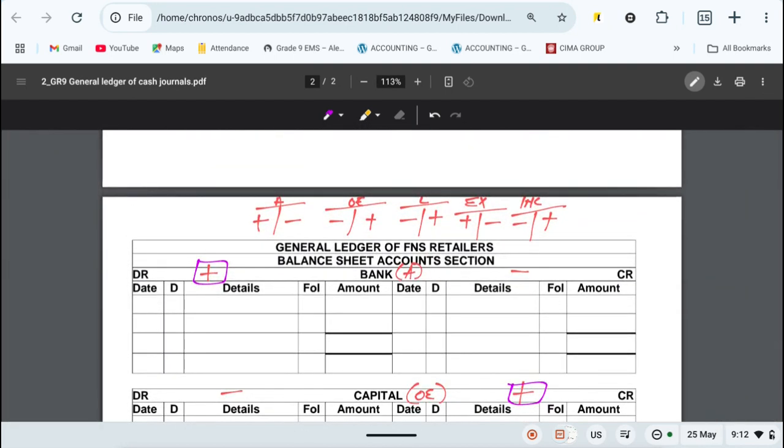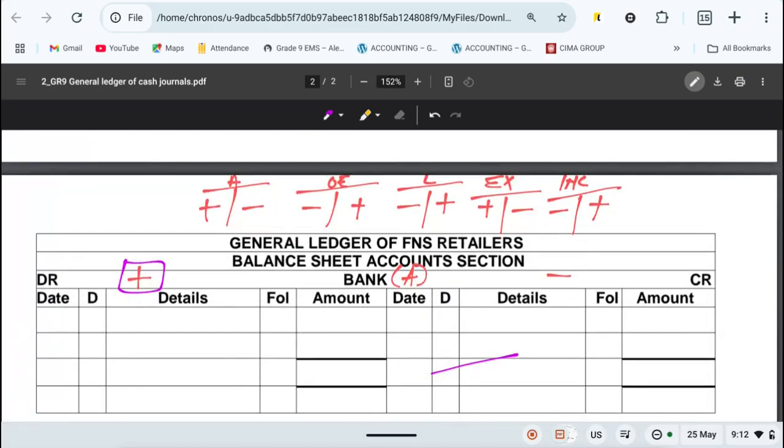But with bank, the balance can be negative or positive, depending on whether there's money in the bank or there's a negative bank balance, which is unfavorable. Unfavorable means the balance will be located on this side.